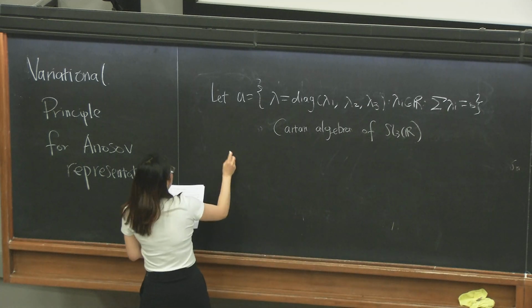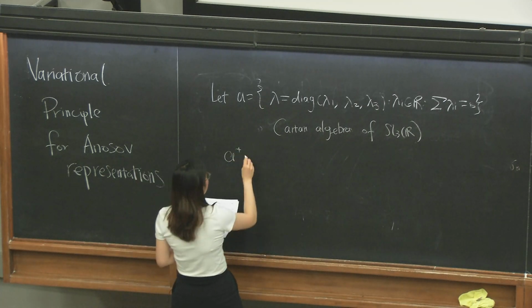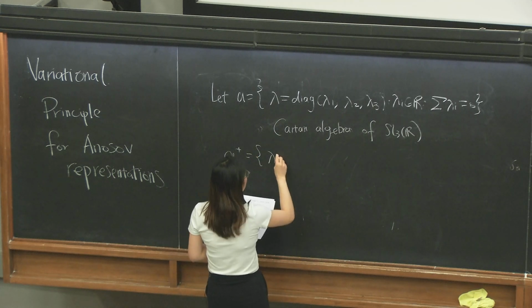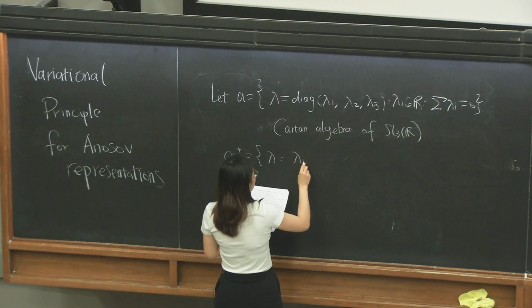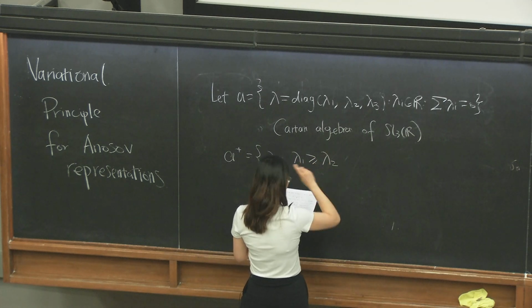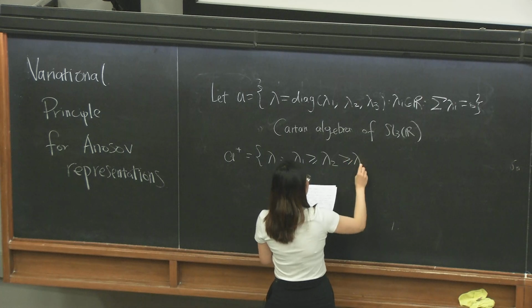Okay, and now we take a positive Weyl chamber. It consists of the diagonal matrices such that lambda 1 is greater or equal than lambda 2, greater or equal than lambda 3.